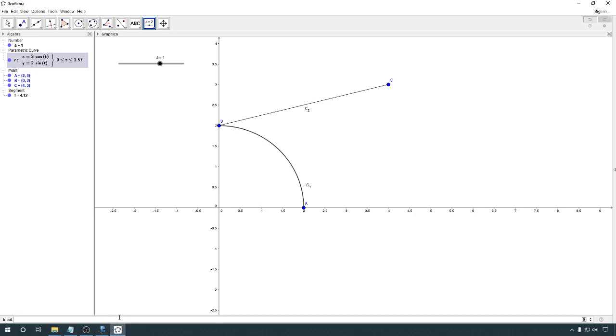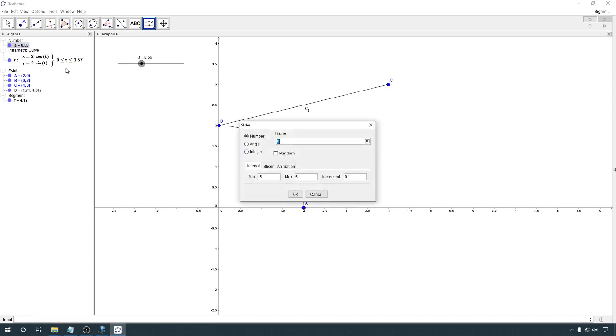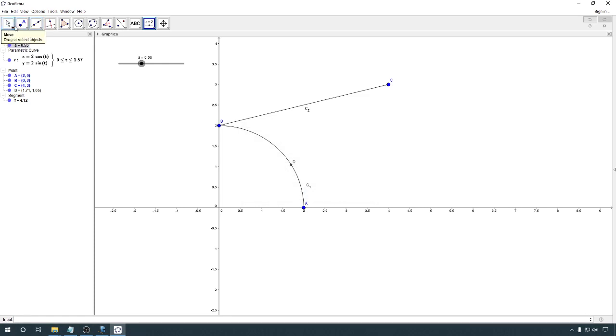I'm going to take a point on my semicircle based off of that parameterization. That allows me to move the point. If I want to look at the tangent vector at the point D, I'm taking a vector starting at D and then moving from D by the unit tangent vector.